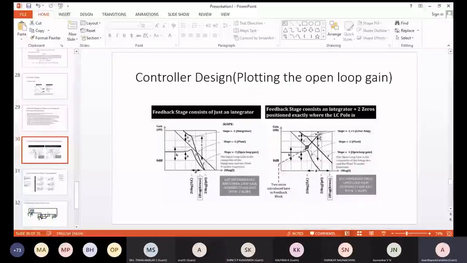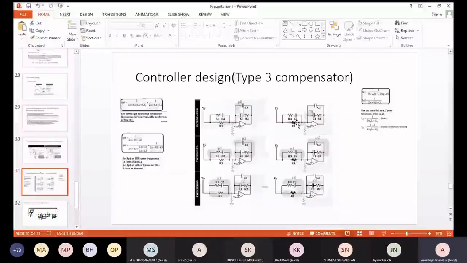I just want to conclude this presentation with this last type 3 compensator, which is supposed to be PID, everything is there. Last year I met one Boeing flight design engineer.